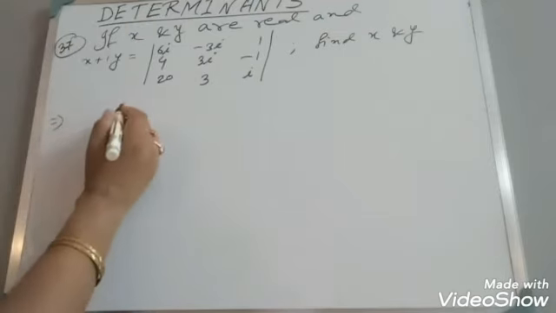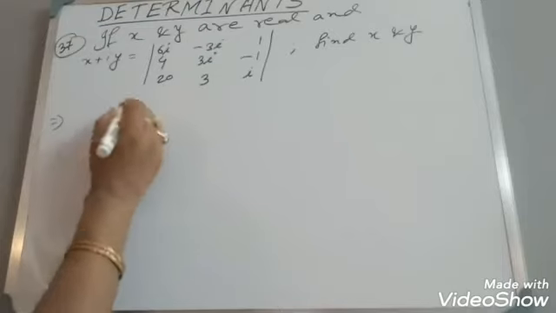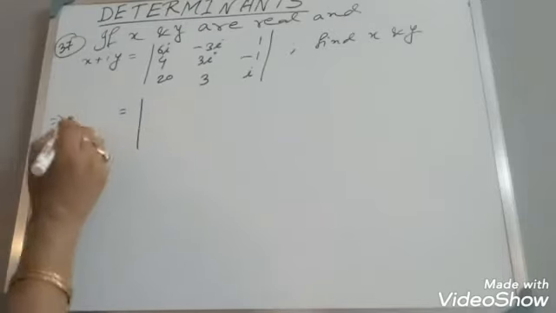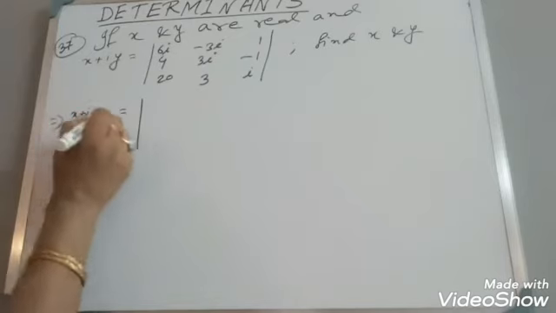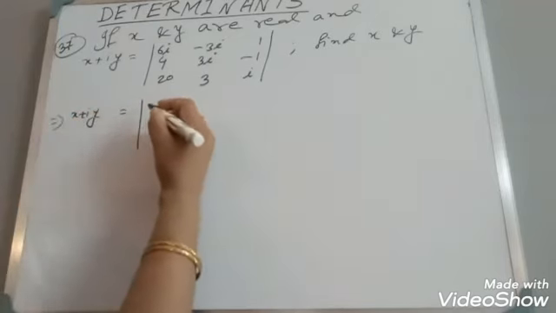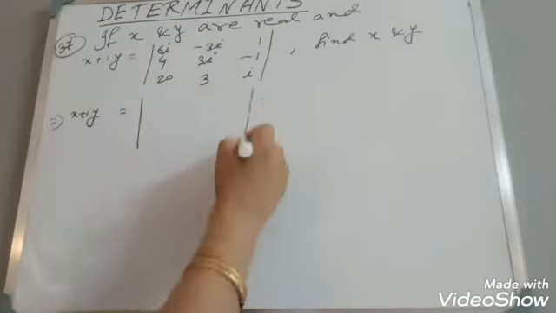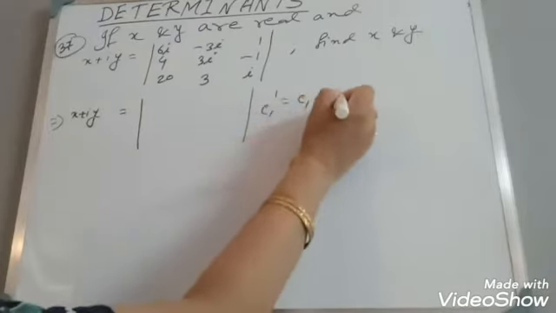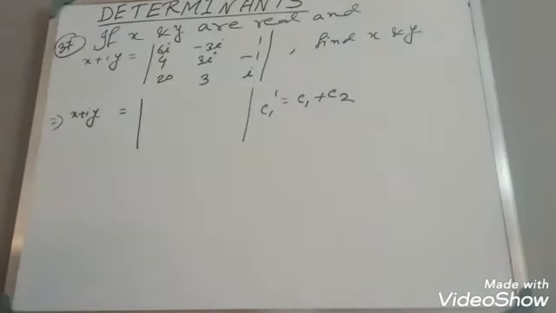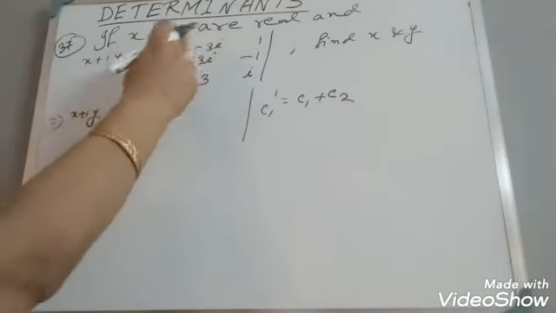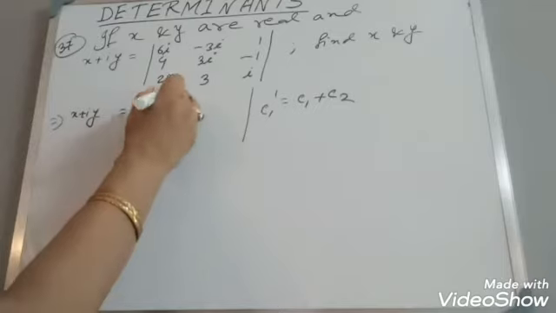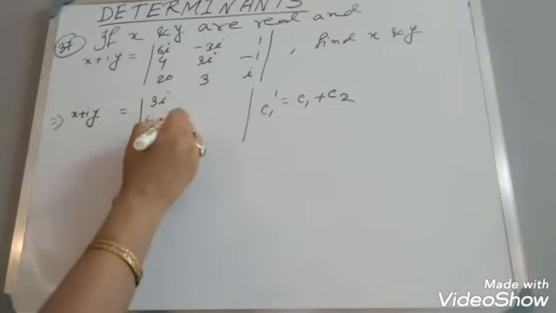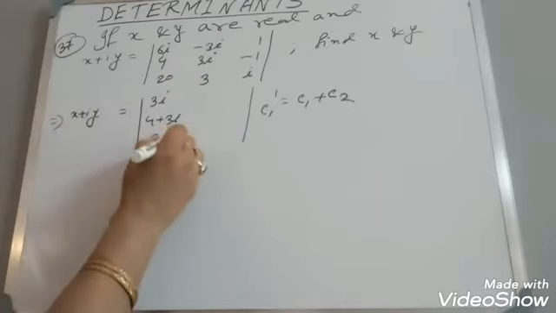x plus iy is equal to, we will give the operation C1 dashed equals C1 plus C2. So C1 plus C2 means 6i minus 3i, so it will be plus 3i, and 4 plus 3i, next 20 plus 3 is 23.